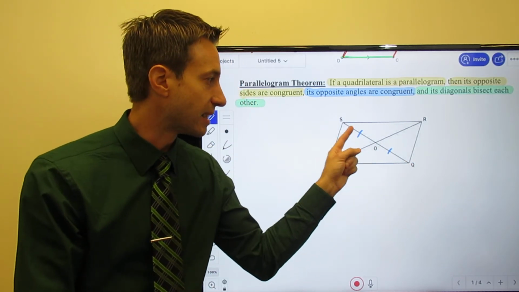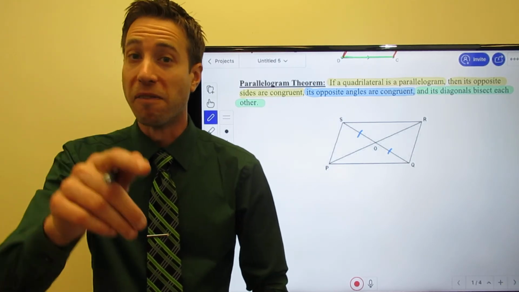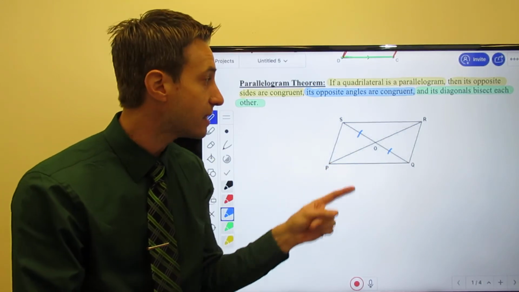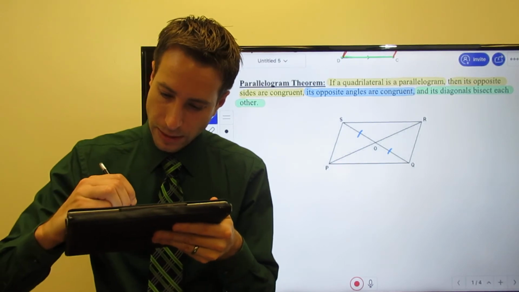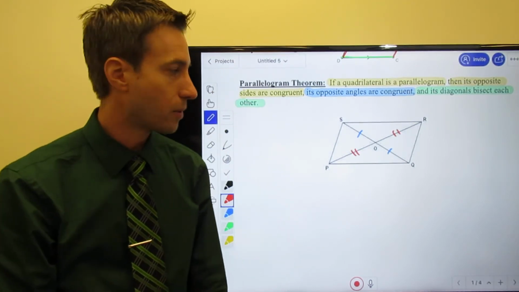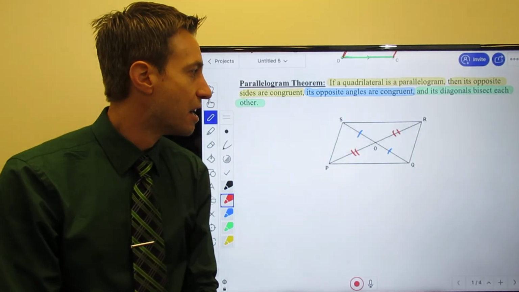These guys are equal segments. It's cut in half. Vice versa, diagonal RP is bisected by SQ, which simply means that these two segments are congruent as well. That's what that third theorem is saying.